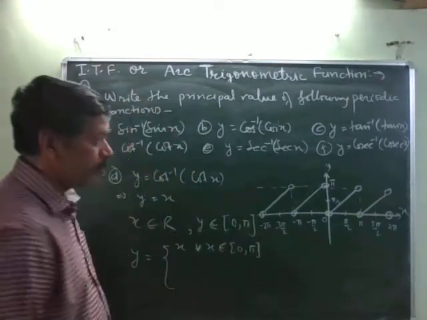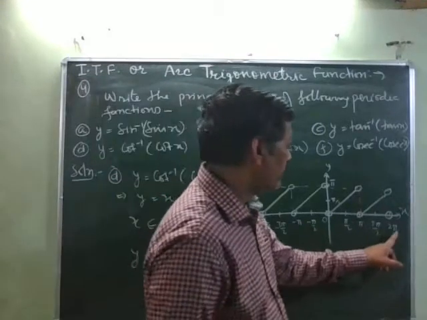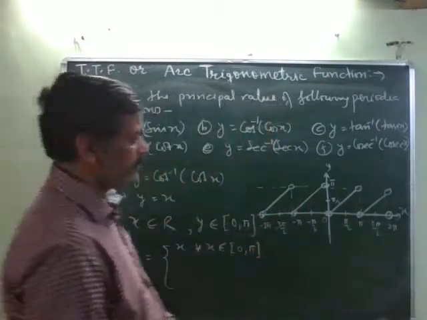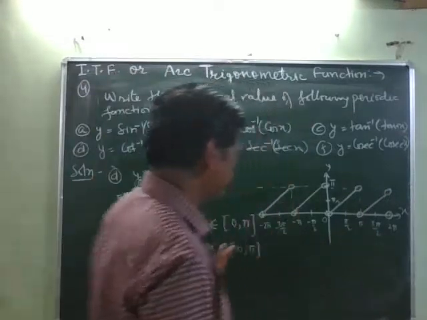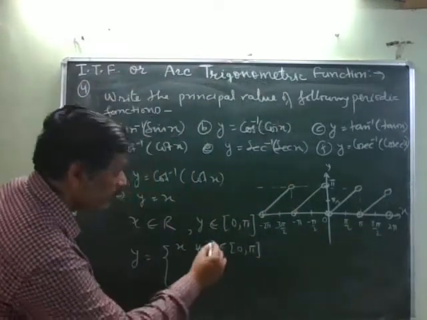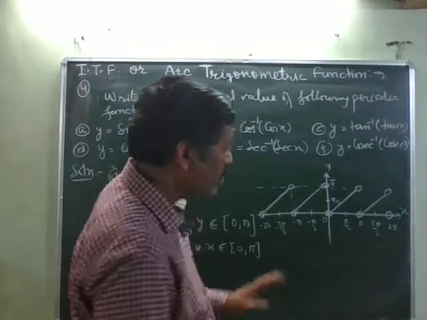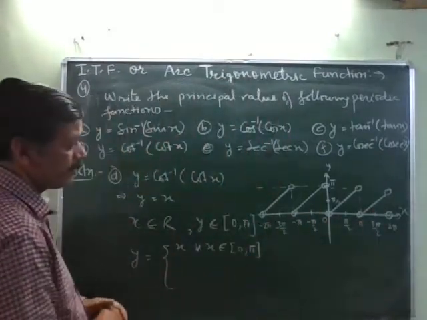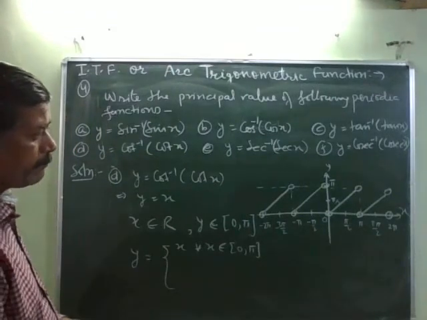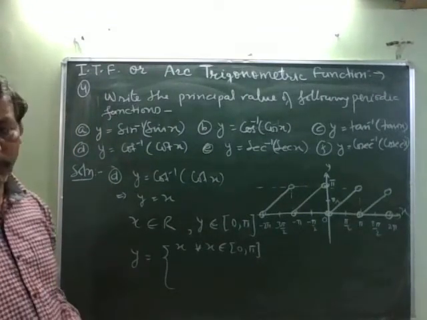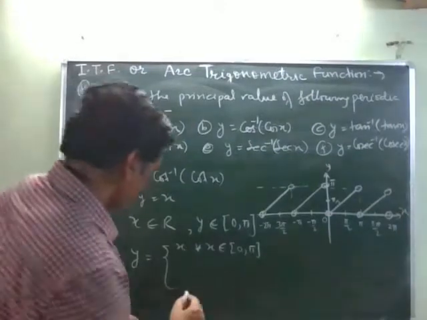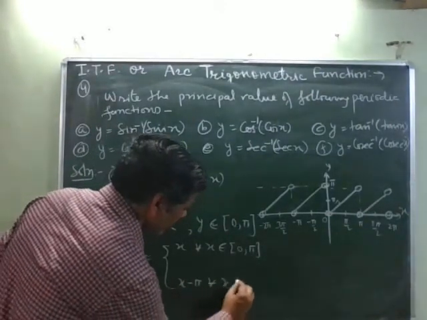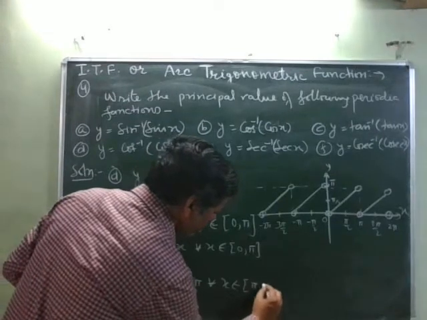And for pi to 2 pi, slope is positive, so plus x will come. Slope is positive, that is x positive will come, and if we subtract pi, that will be x minus pi for all x belongs to pi to 2 pi.